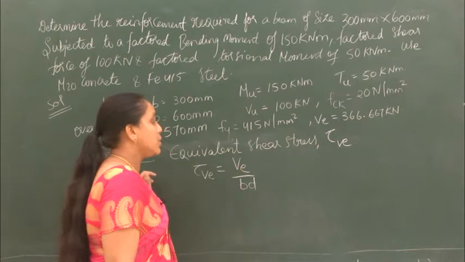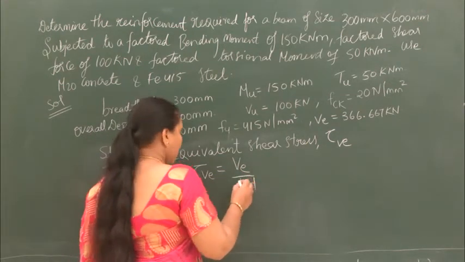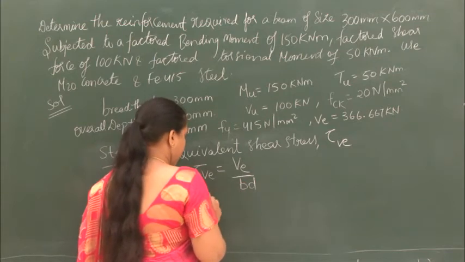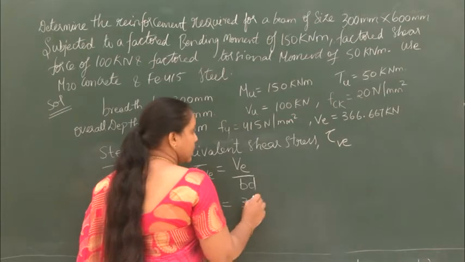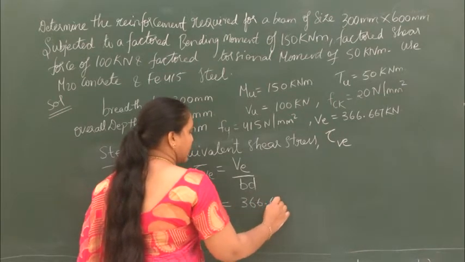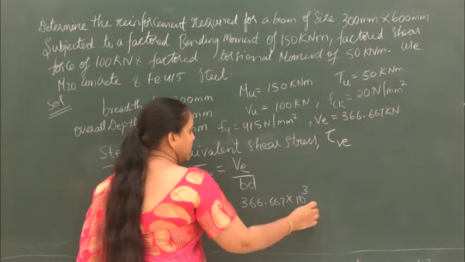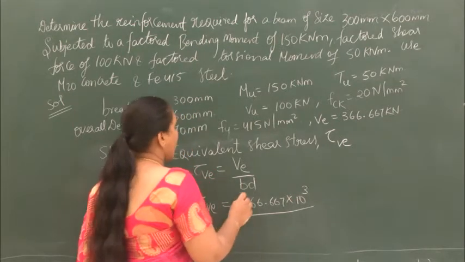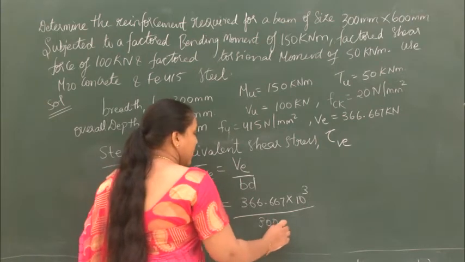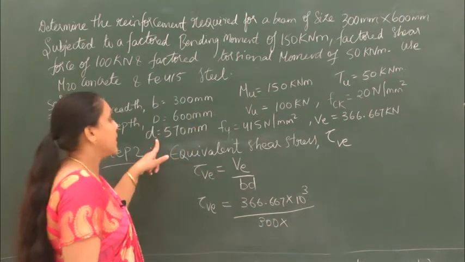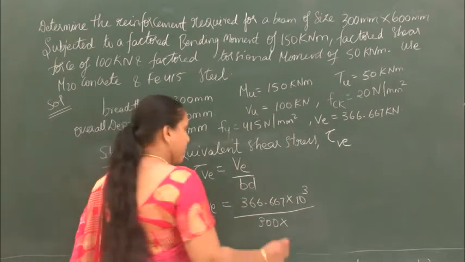So substitute the values here. Tau VE is equal to 366.667 into 10 cube newtons divided by B. How much is B here? B is 300 mm into D. What is D here? D is nothing but the effective depth, which is 570 mm.